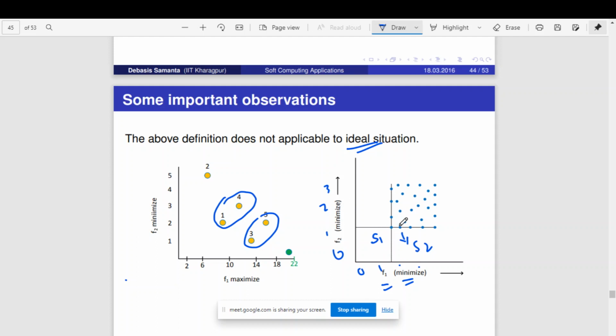Can this solution be improved further? You can improve from S2 to S1, right? It is an improvement. But with respect to which function is it improving, F1 or F2? Is the question clear? When I move from S2 to S1, is it improving with respect to F1 or F2?